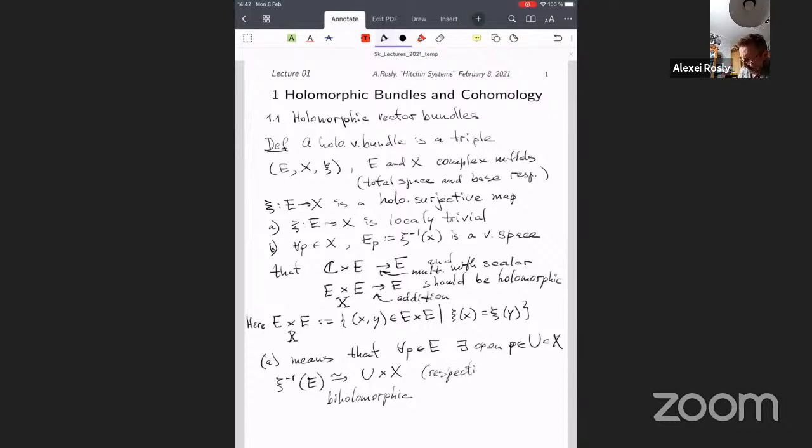Compatible. This map should become linear in the fibers. Let me write it better this way. This arrow should be linear. This map should be linear in the fibers.